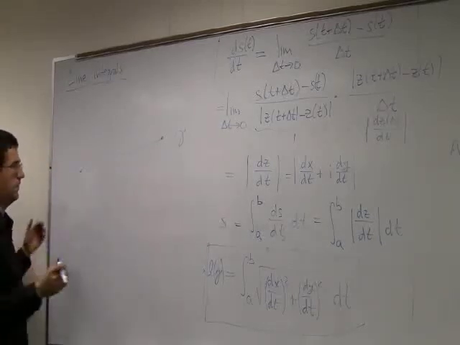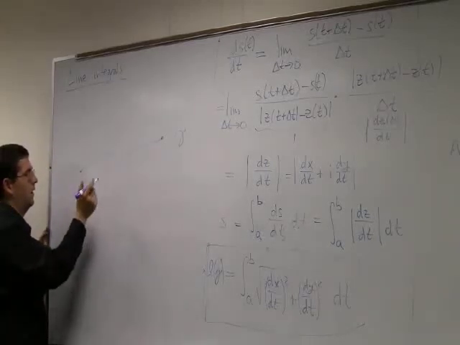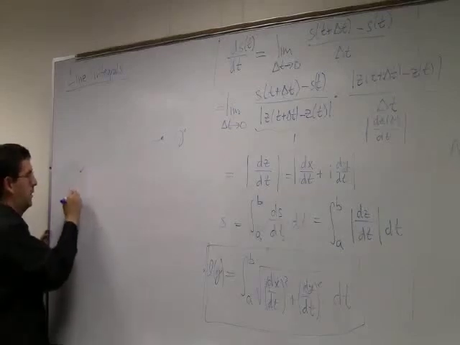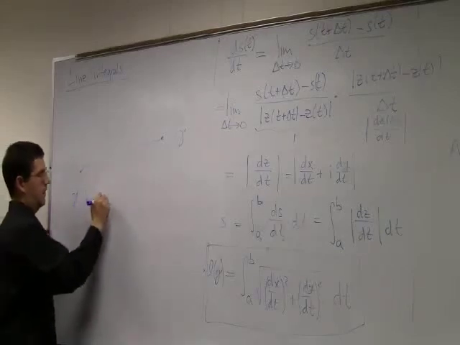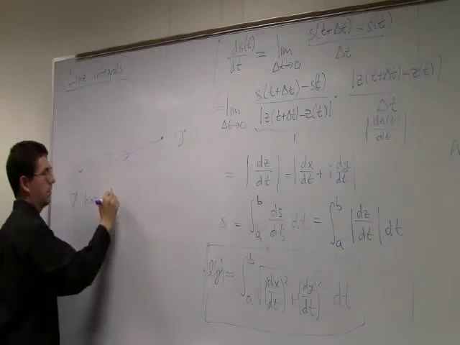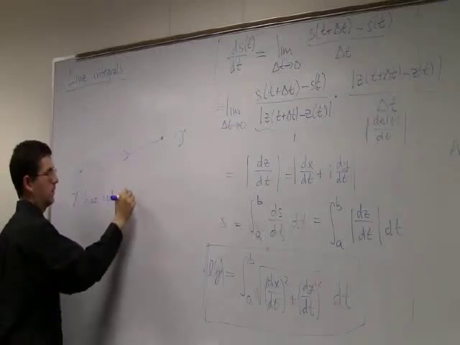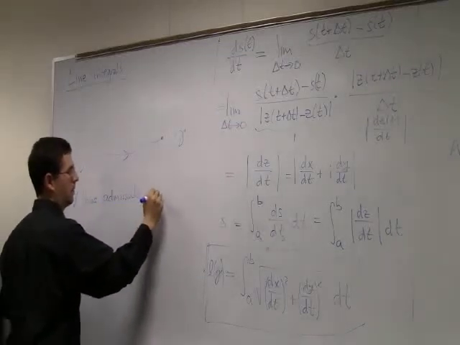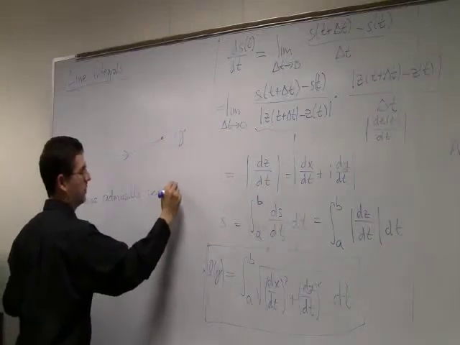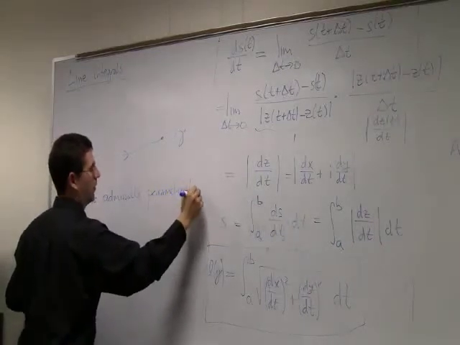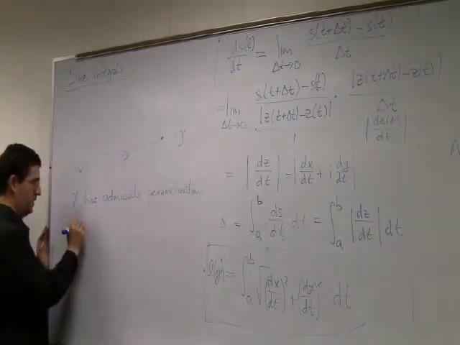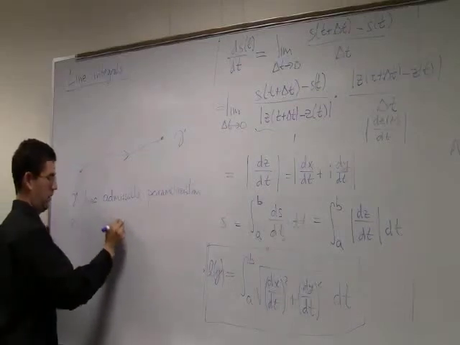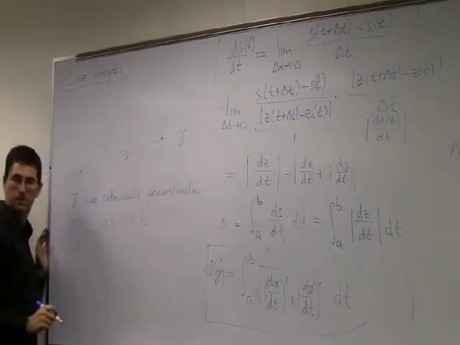But there should be a simple smooth curve. Okay, so gamma has a direction there. Admissible parameterization Z of t, where t sits between A and B.